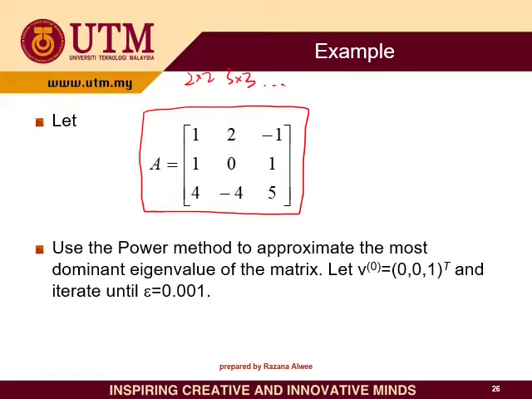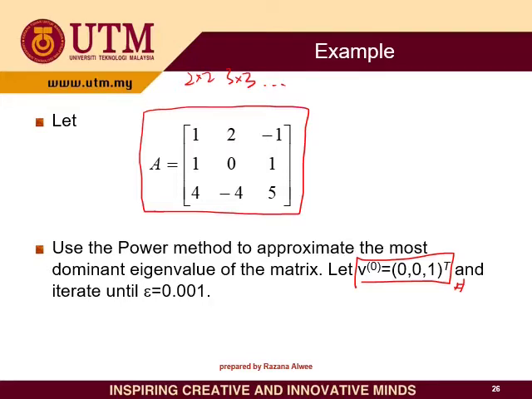Then we need the initial vector, which is not the zero vector. You cannot have all zeros, as I mentioned before. We can choose any value except the zero vector. That's important. The initial vector depends on us, and it will affect how many iterations we need to do.